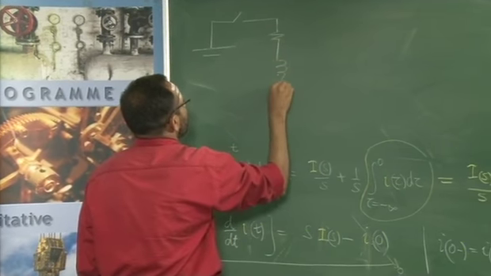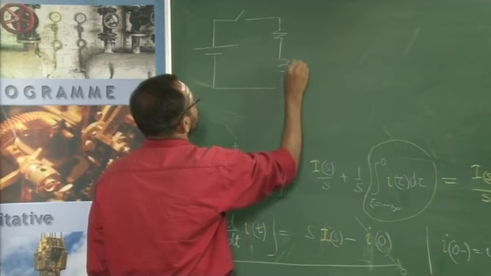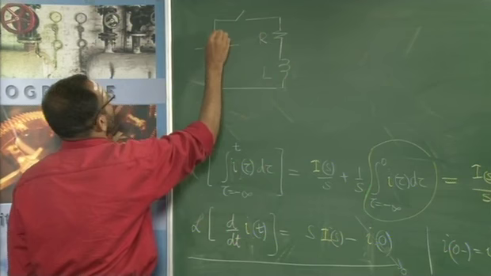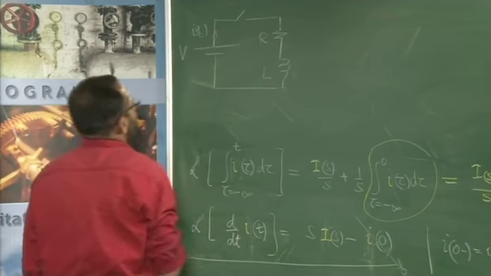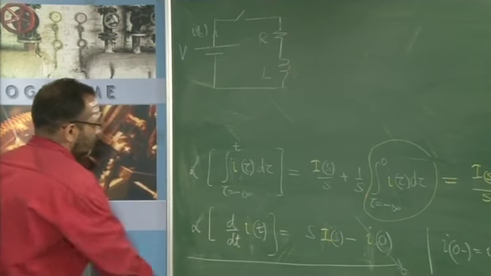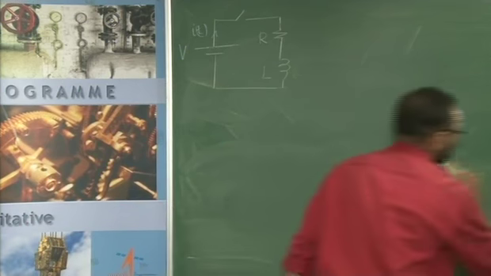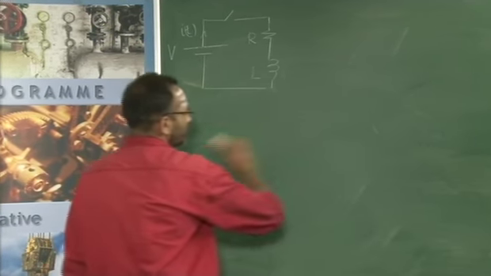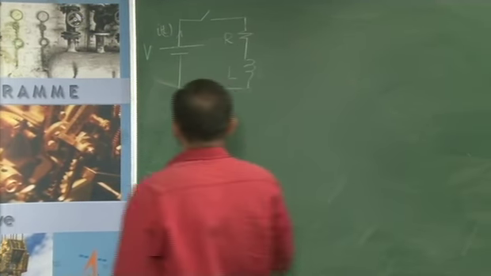Let us take a simple RL circuit. Let us call this I of t, and let this be a battery, a constant voltage V. Now, what is the problem statement in this case? The problem statement is: find the current.